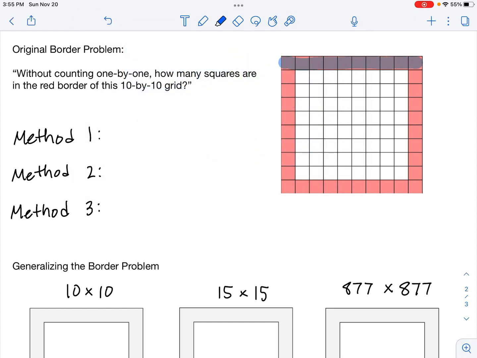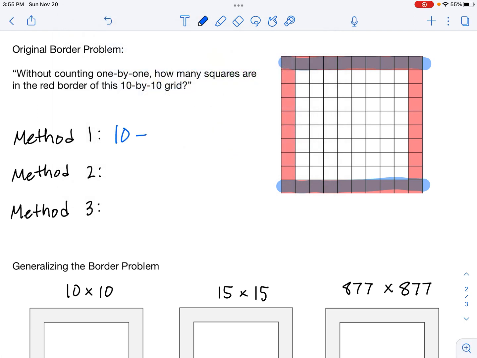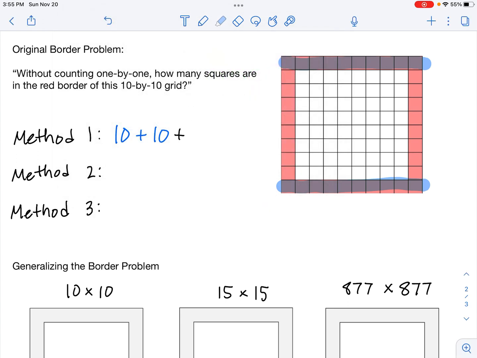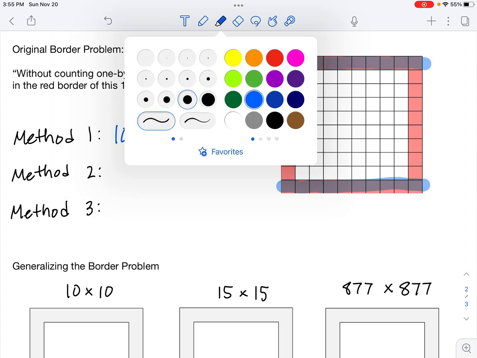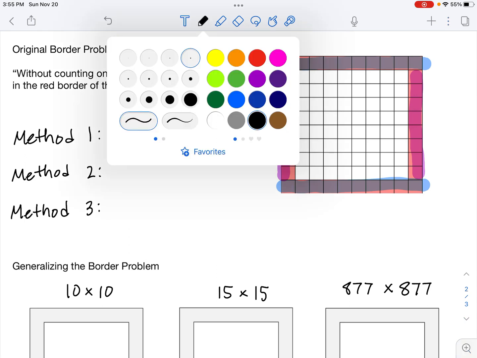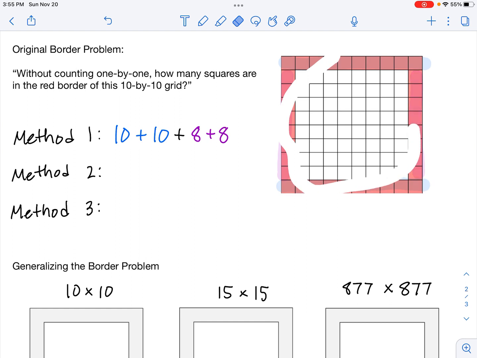If I count 10 on the top and 10 on the bottom, so I'll do 10 on the top plus 10 on the bottom plus what's left on the sides. 8 on the sides for both sides. That would look like 10 plus 10 plus 8 plus 8. So that's one way you could count it.